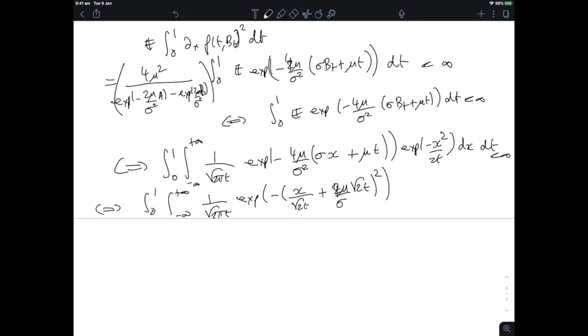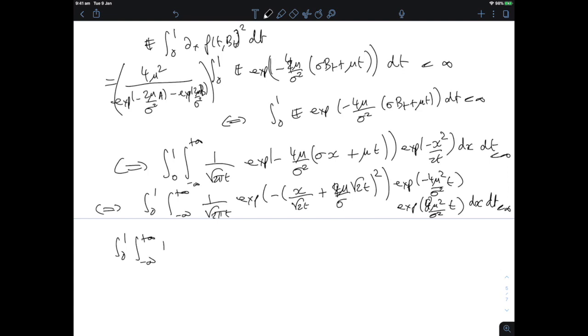And then you still have an exponential minus 4 mu squared over sigma squared t, and an exponential 4 mu squared over sigma squared times 2t. So that's 8t. And all of that is dx dt, and I want that to be finite. So let's compute that. Again, I have the integral from minus infinity to plus infinity.